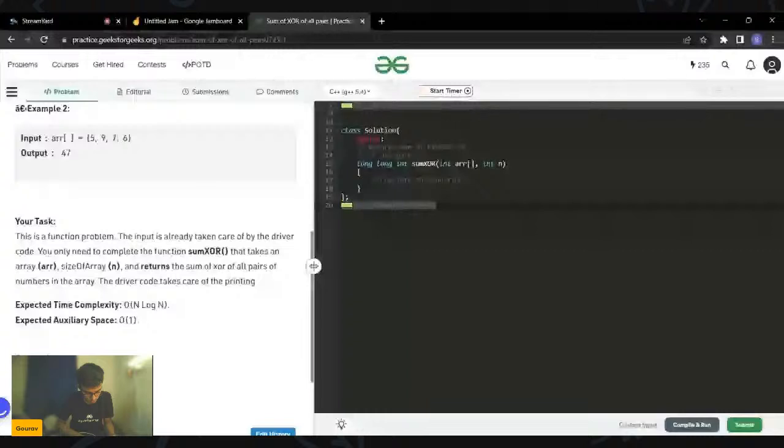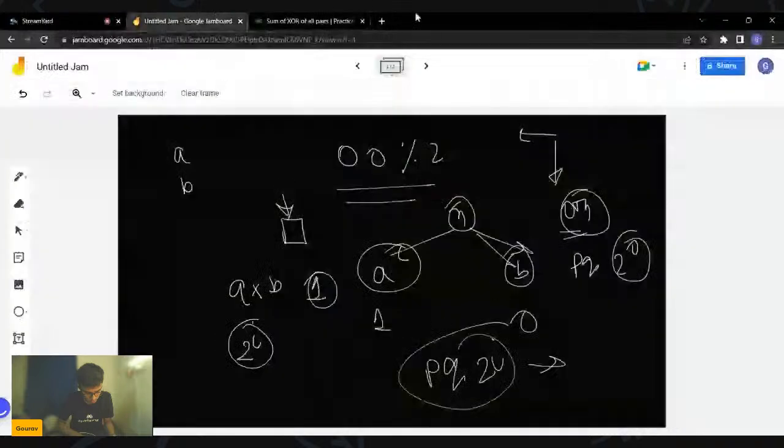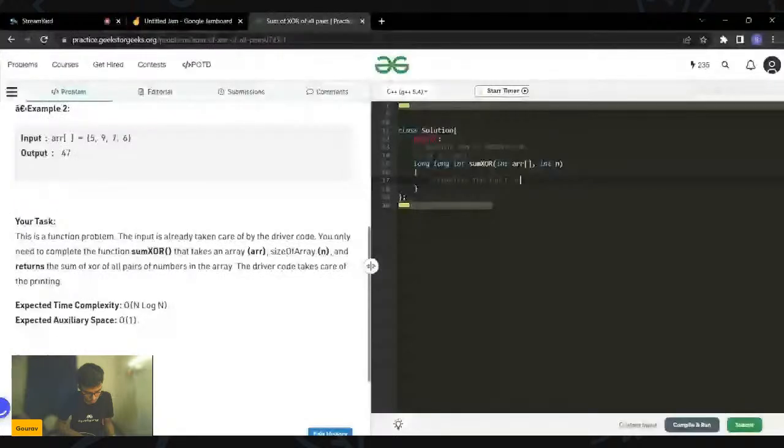Apart from that, let us try to solve this question called sums of XOR pairs.